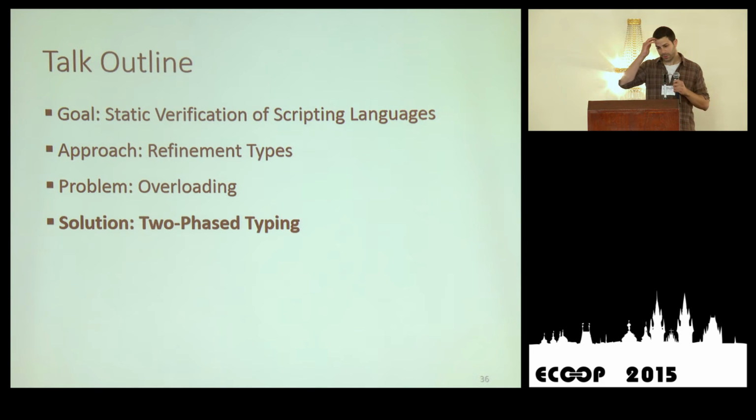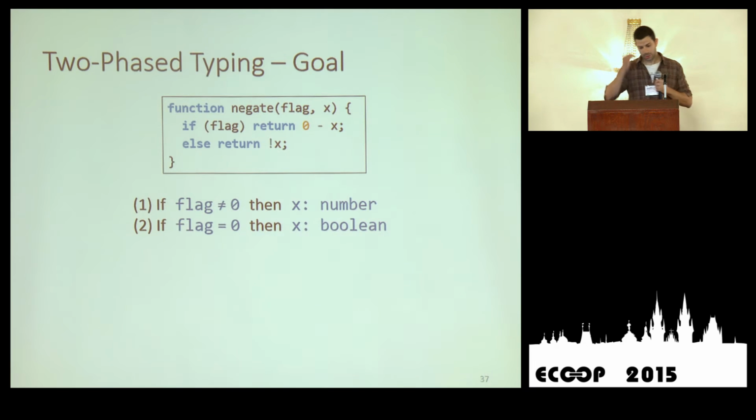So moving forward, let's look at the main intuition behind this approach. So first of all, let's see what the high-level goal is here. And to do this, we'll introduce an even simpler program called negate that takes 2 arguments, a flag and x.